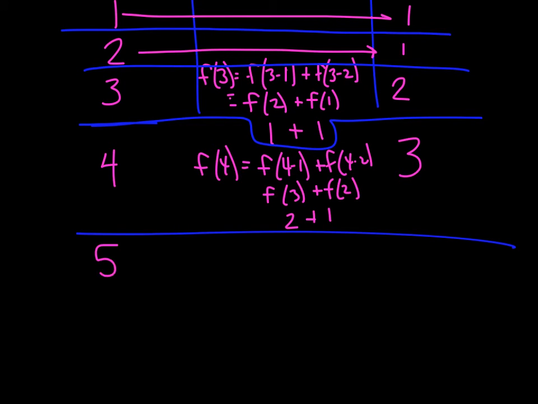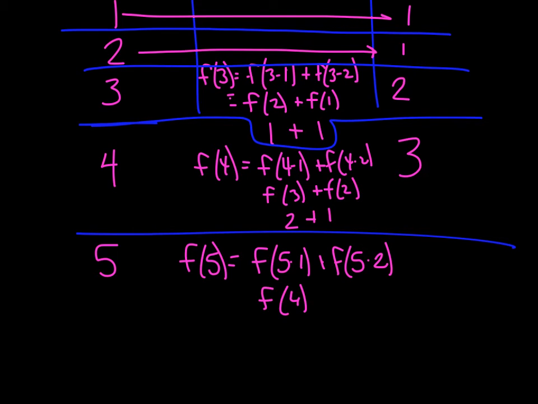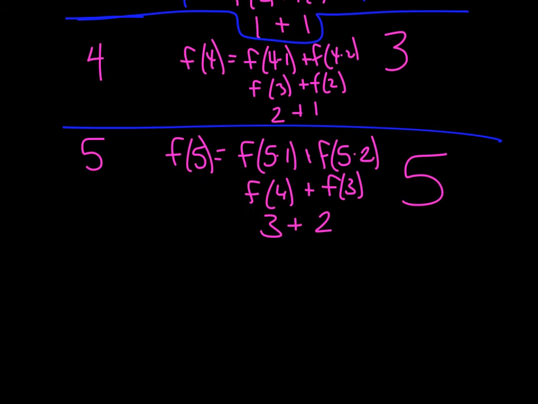So now I need 5, so to the next four terms. So let's see, f of 5 is going to be equal to f of 5 minus 1 plus f of 5 minus 2. So that's f of 4 plus f of 3. F of 4 we said is 3, f of 3 is 2, so the fifth term is 5. And we'll go get one more here.